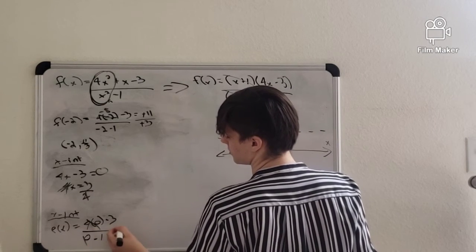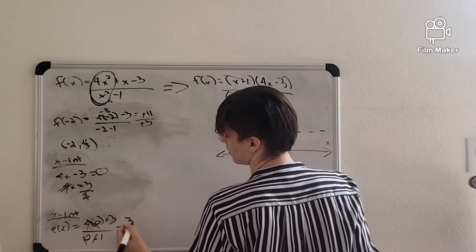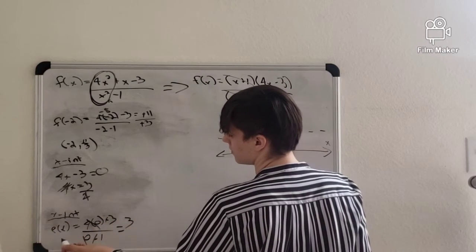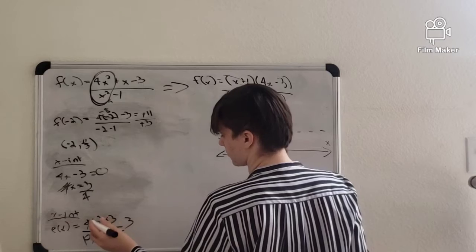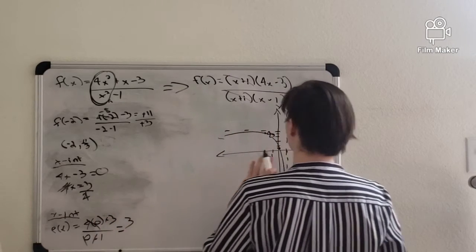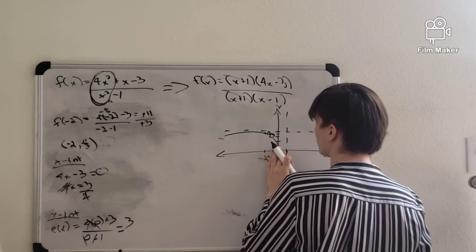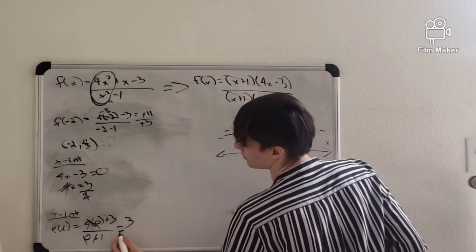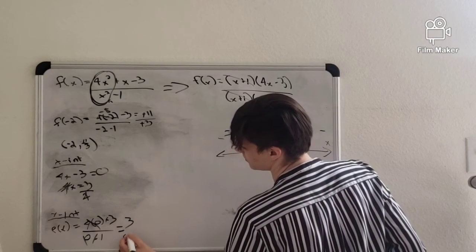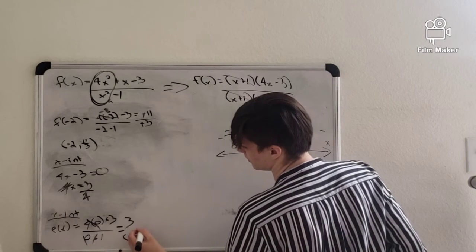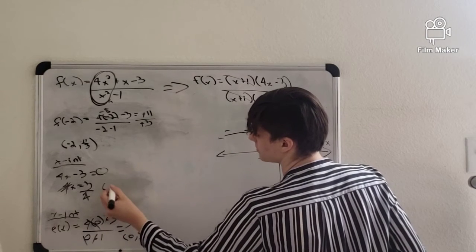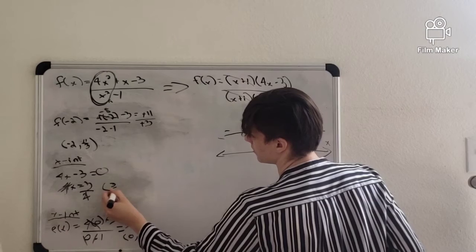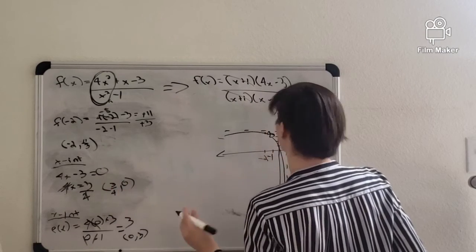Those are zeros, so it should be 3, y equals 3 when it's hitting the y-axis because it's intercepting. So y-intercept is going to be 0, 3. X-intercept is 3/4, 0.